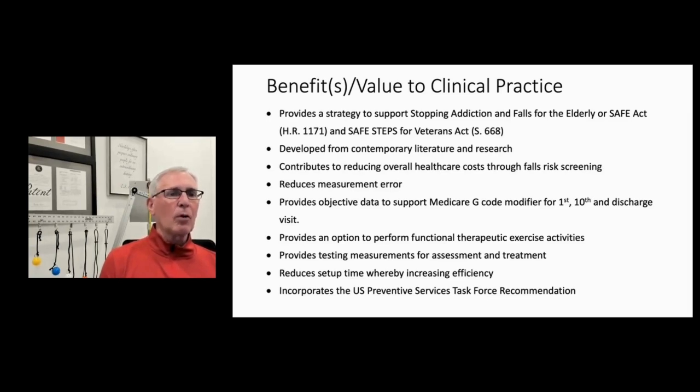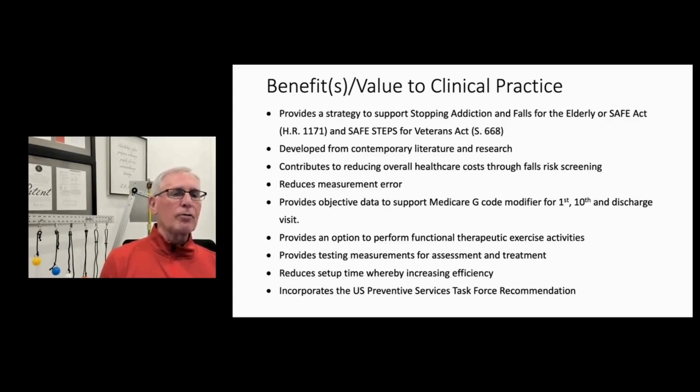Benefits and value to clinical practice. The mobility assessment and treatment tool provides a strategy to support the Stopping Addiction and Falls for the Elderly, or SAFE Act, which is HR 1171 and is under consideration here in 2025, as is the Safe Steps for Veterans Act, Senate Bill number 668. It was developed from contemporary literature and research.